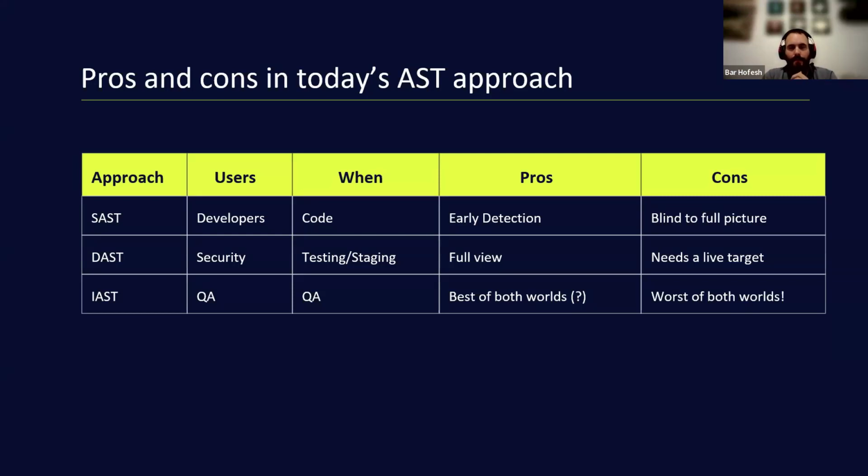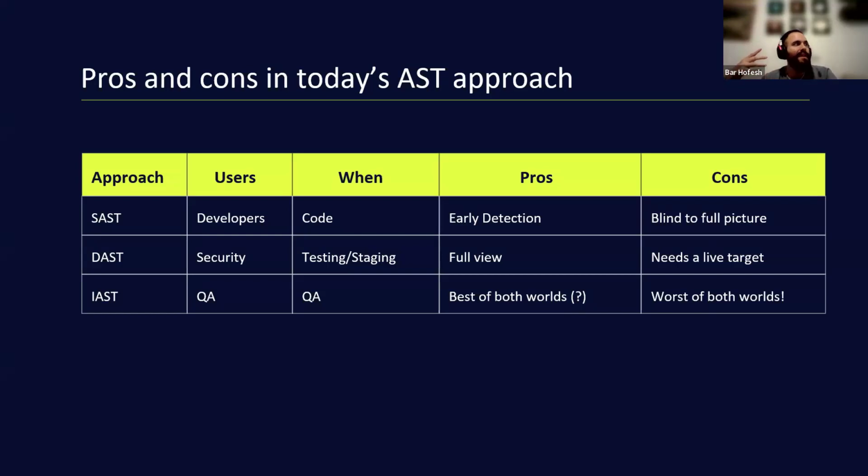IAST is aimed mainly at QA or the QA phase. Why? Because IAST works by running introspection. Basically, it runs together with your live running application, and it traces which requests or which operations or which functions in your application are being run.